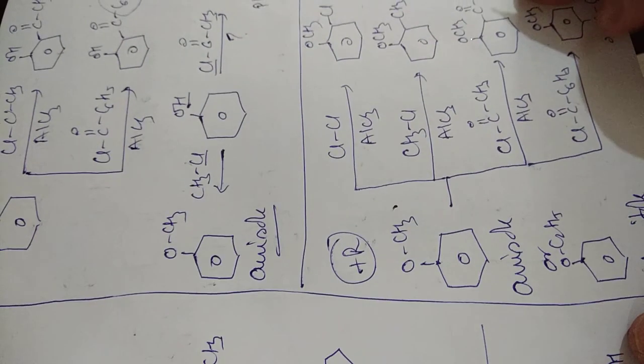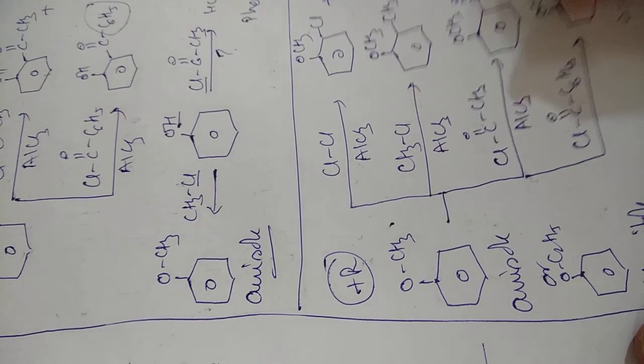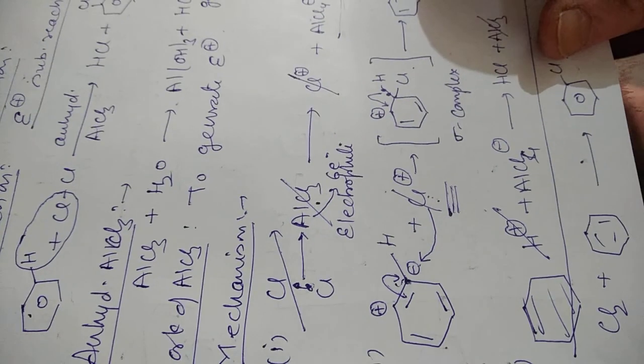Here we can write any one mechanism in the same way which we have done with benzene and chlorine reaction. I can take one example over here. Suppose it is asked to write the mechanism of phenol and acetyl chloride.